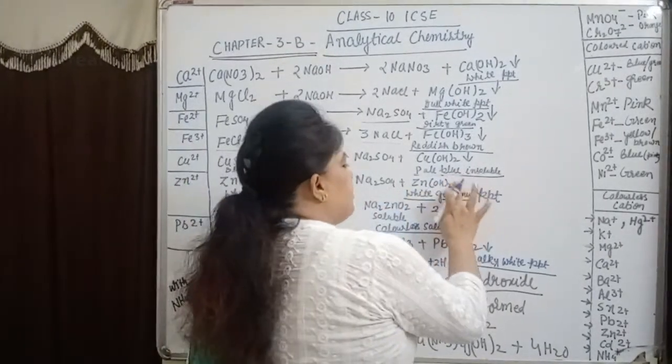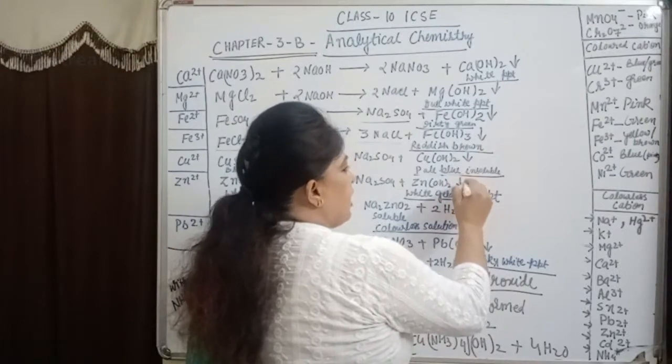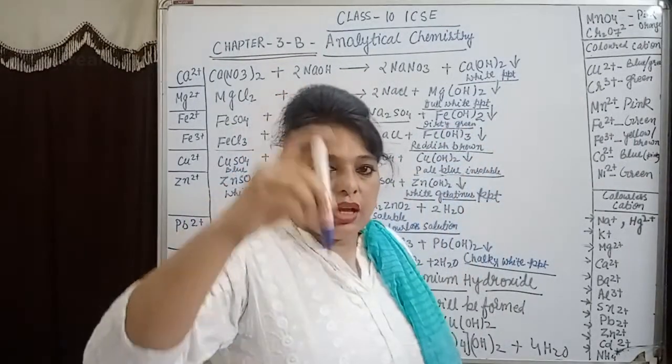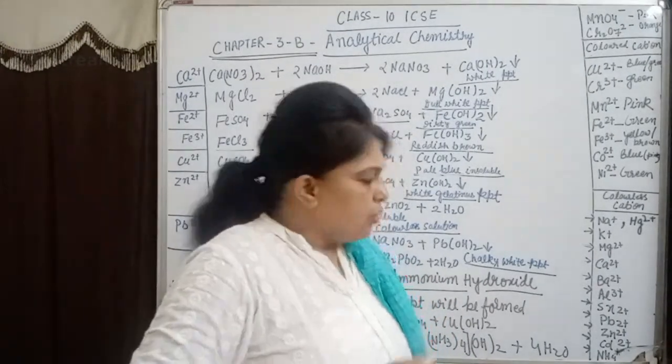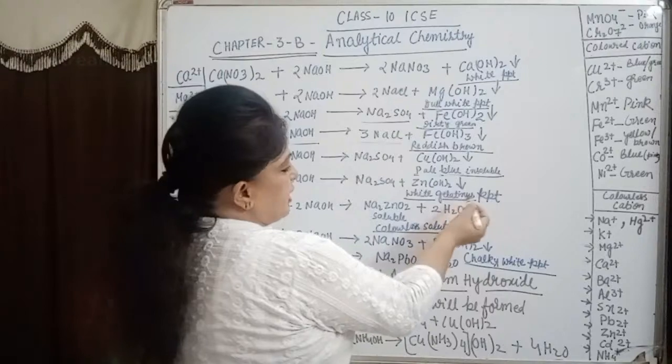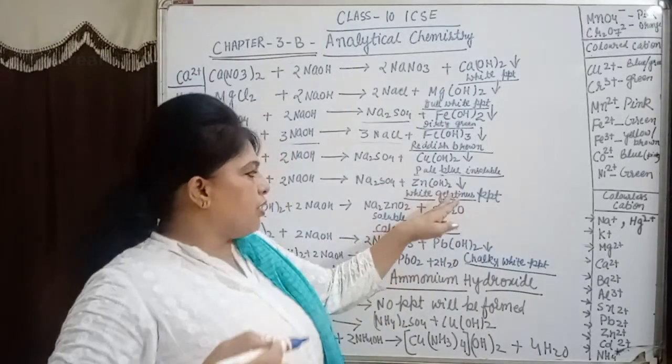Wherever you see the precipitate is formed, I have shown the downward arrow. This downward arrow shows the formation of precipitate. So in this case we will get a white gelatinous precipitate of zinc hydroxide.